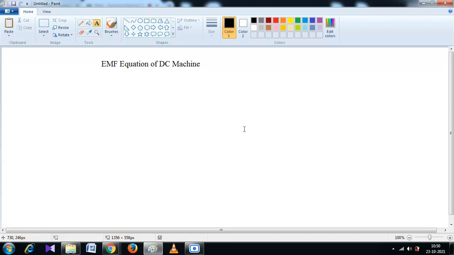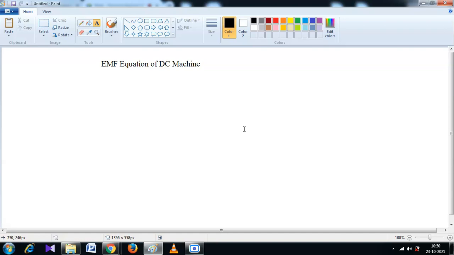The part which produces the flux is the pole, and the coil wrapped on that pole is called the field coil. You are right. The field coil produces the flux, and in that flux we rotate an armature, and in the armature an EMF will be produced.